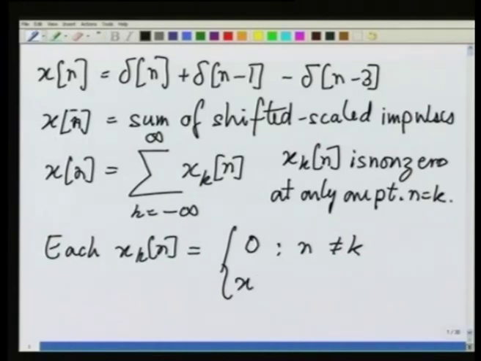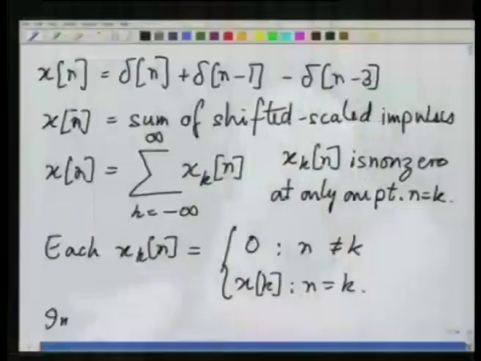So, this makes up each x k n. When each x k n is given by this, x n is given by the sum of x k n, k running from minus infinity to infinity.